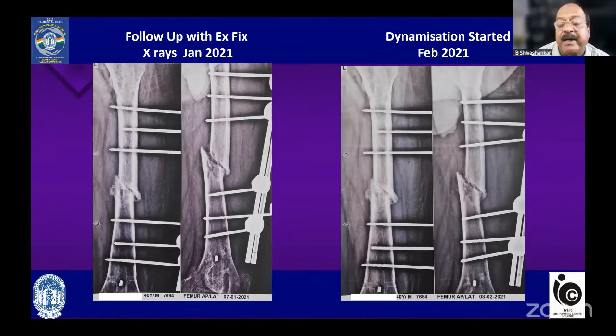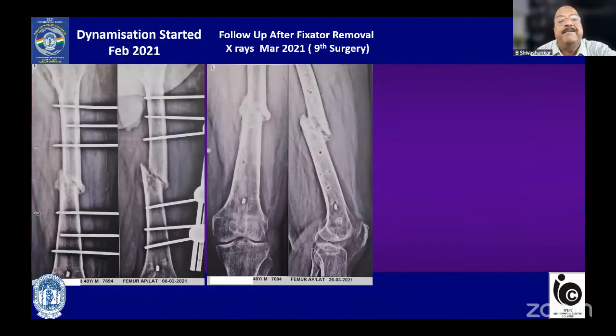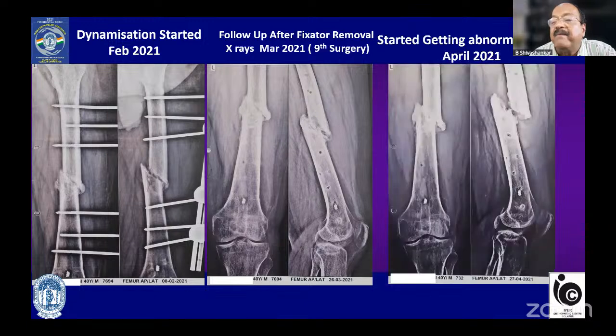Plaster was applied after fixator removal, and sometime in March 21, that is exactly 11 months after the first surgery, after 9 surgeries, the patient was left without any external support.